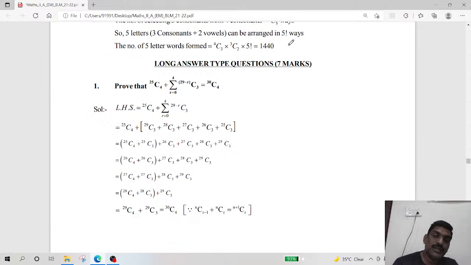Prove that 25C4 plus summation r equal to 0 to 4, (29 minus r)C3 is equal to 30C4.